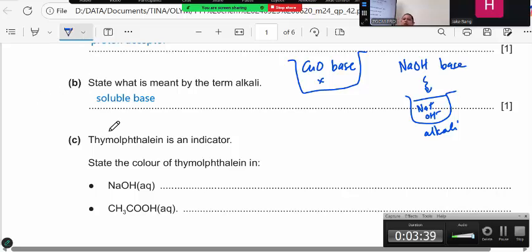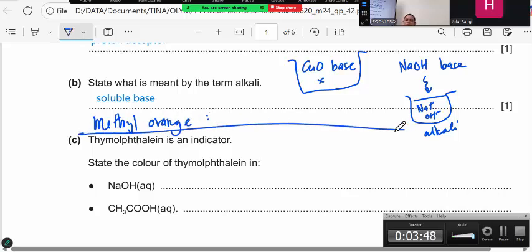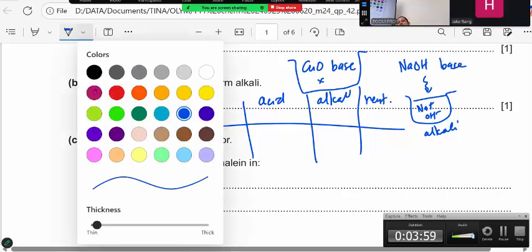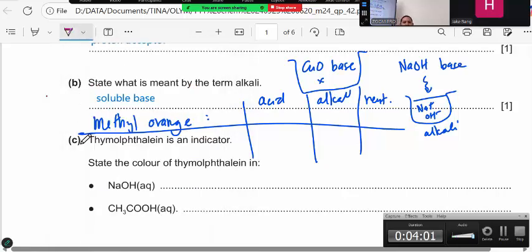So you need to remember the color for methyl orange, in acid, in alkali, and in neutral for all three. Litmus not really, you've been learning since year 7. If it's alkali, red litmus turns blue. If it's acid, blue litmus turns red. That one you know already.